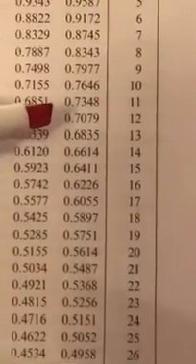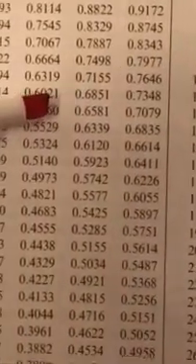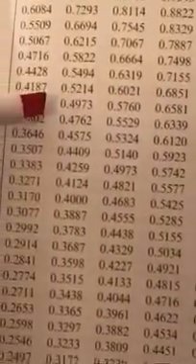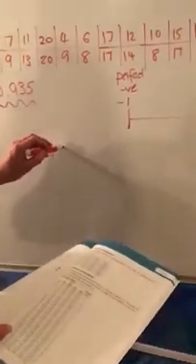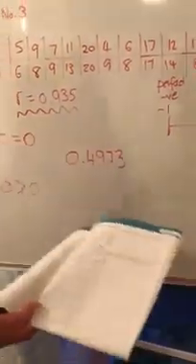Looking where it says 12 with a 5% significance level, I get 0.4973. So my critical value is 0.4973.